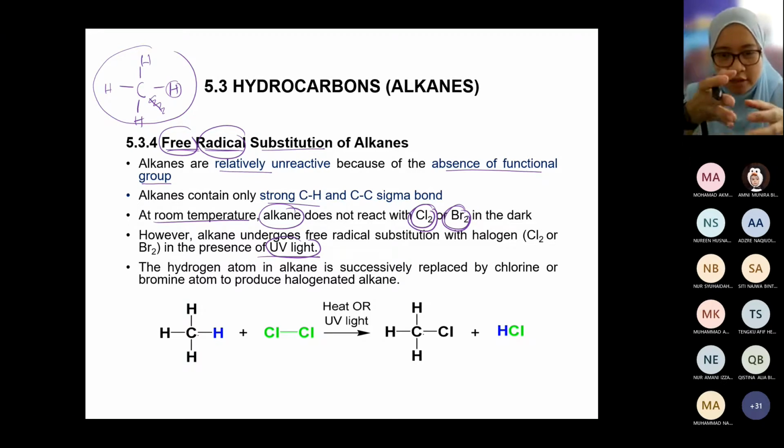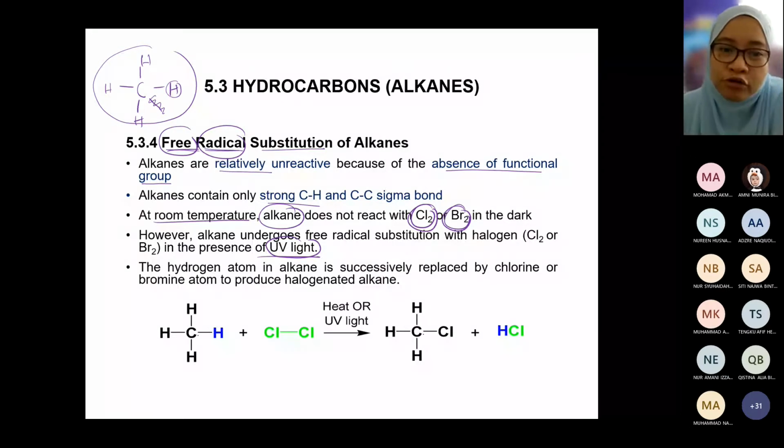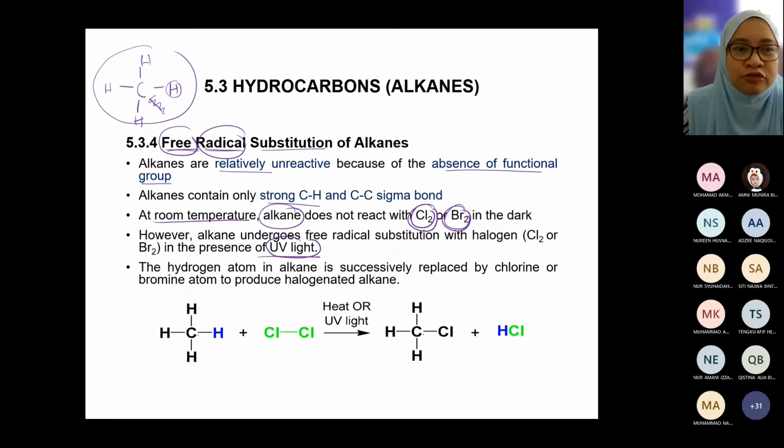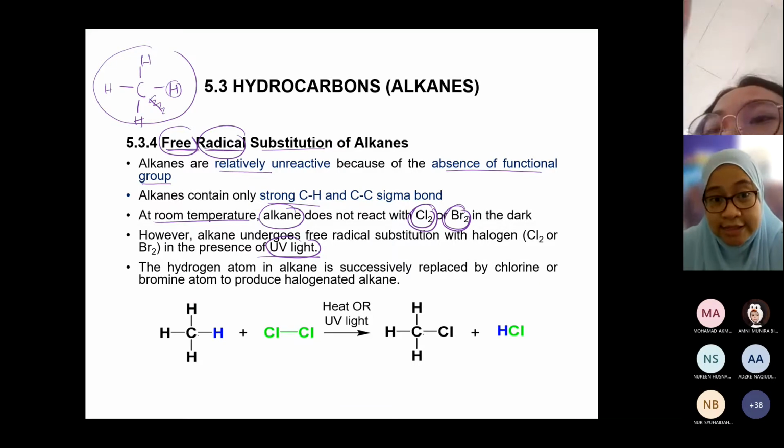They break the bond and produce the free radical. UV light is important in order to produce free radical. When free radical is produced, it will definitely become unstable and very reactive, and it will attack anybody yang ada dekat dia, including the alkenes.